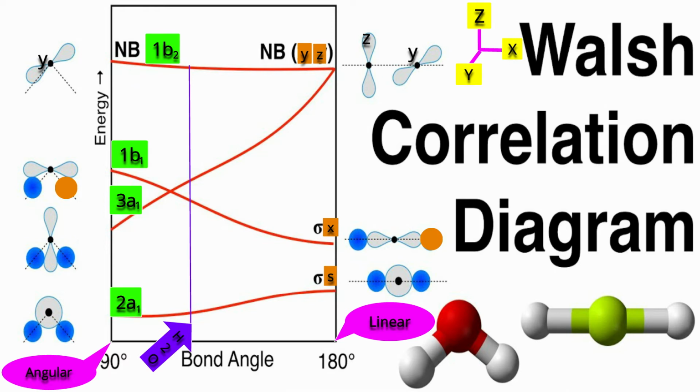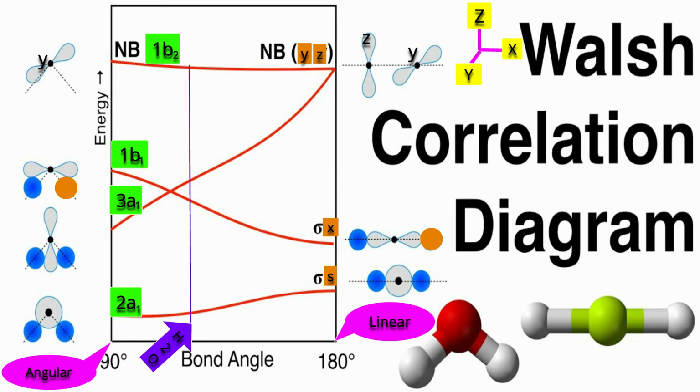So what is our conclusion? Sigma s, which was there in the linear structure, becomes 2A1 in angular, and the energy of 2A1 is lower than that of sigma s. So there is a decrease in the energy and an increase in the stability of sigma s. Electrons in sigma s will be most happy if the structure is angular rather than linear. That is the meaning of one red curve.